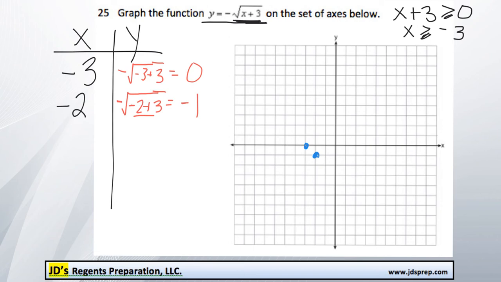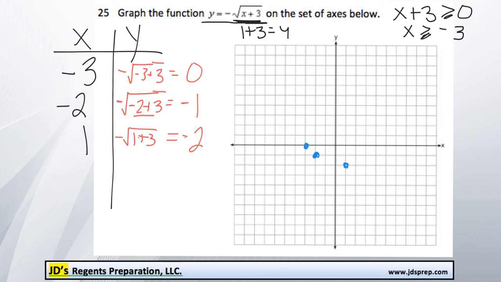The next perfect square after 1 is 4. Now, if we want x plus 3 to equal 4, that means we want x to be 1, because 1 plus 3 equals 4. Then if we calculate the negative square root of 1 plus 3, we would get negative 2. So the point 1, negative 2 is right around there.